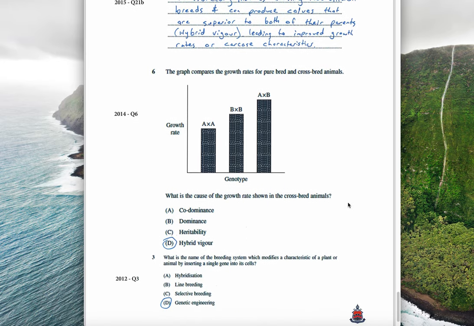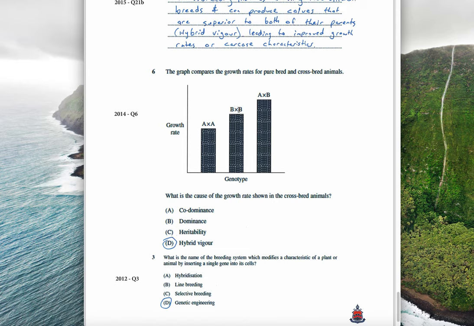These 2 multiple choice questions, 2014, the graph compares the growth rates for purebred and crossbred animals. What is the cause of the growth rate shown in crossbred animals? So you have this one, it's AA, so for name's sake, it could be Angus, so you're crossing an Angus with an Angus, or a Brahman with a Brahman, or a Hereford with Hereford.